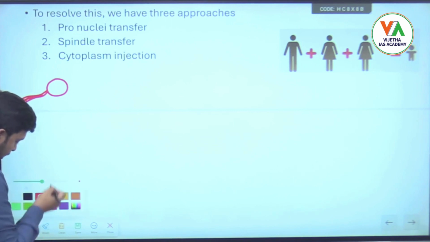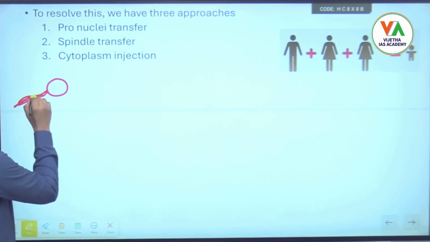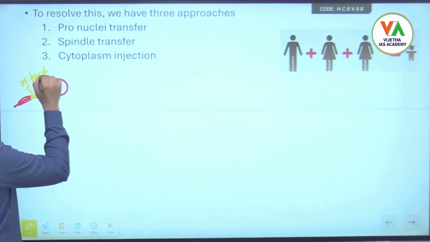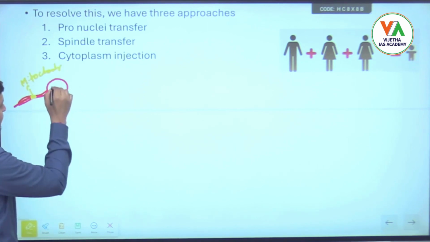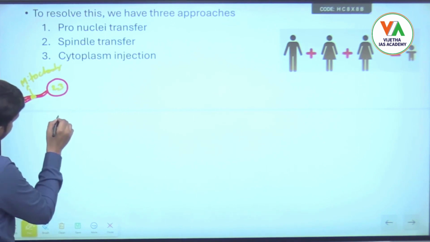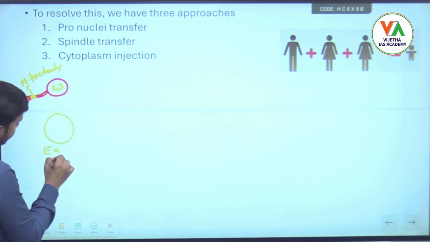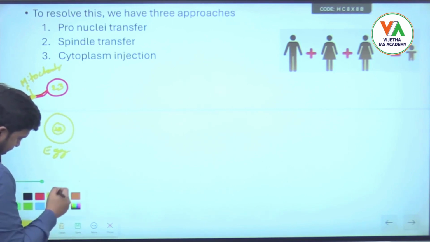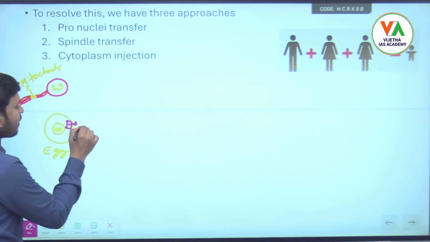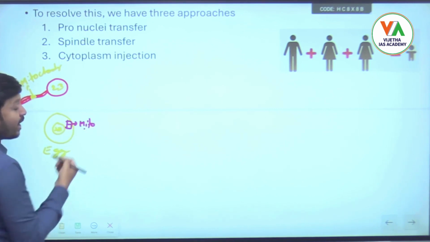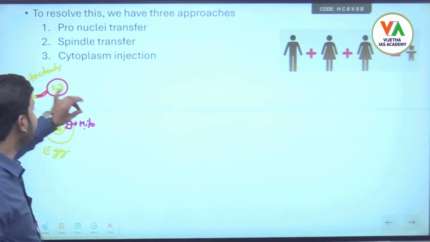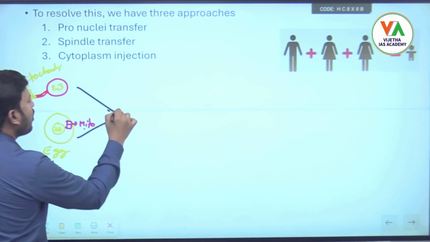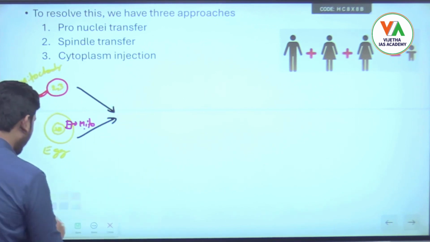Here is the mitochondria, and the sperm has around 23 chromosomes. The egg is also having 23 chromosomes, and the mitochondria. Once the egg and sperm are fused, they are going to form which one?